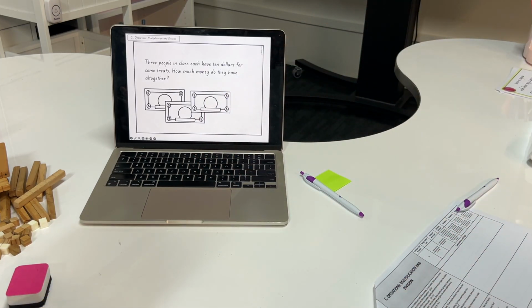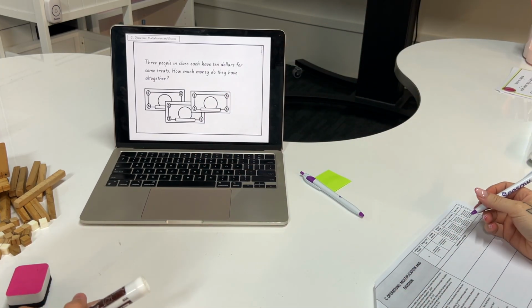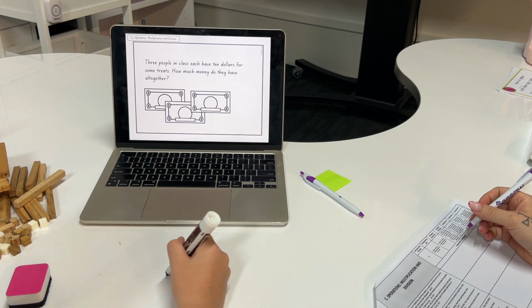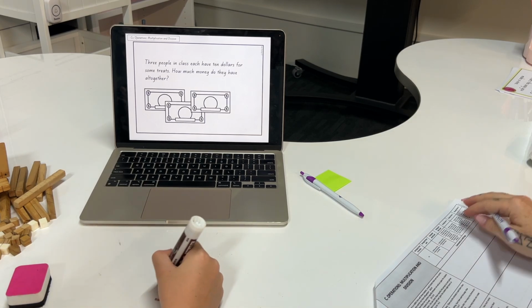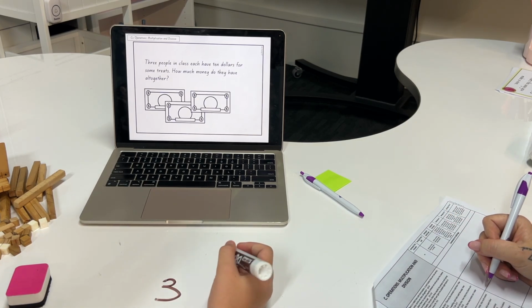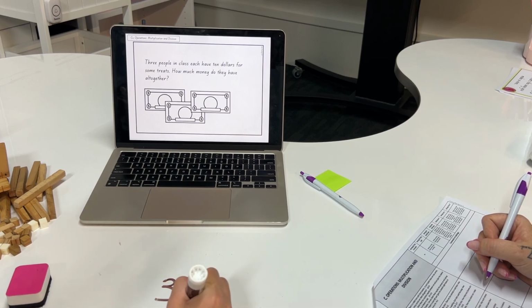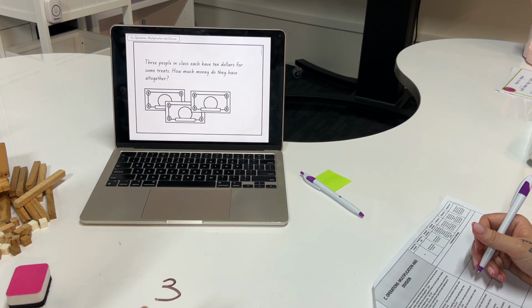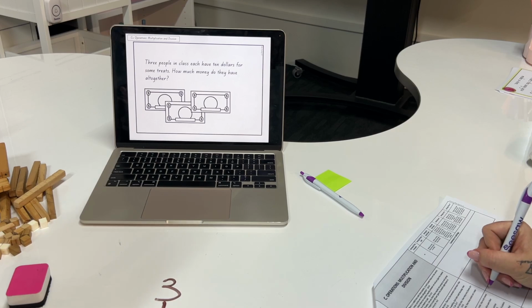So 3 people in class each had $10 for some treats. How much money do they have together? So 3 people each had $10 for some treats. How much do they have all together? 30. How'd you get 30?